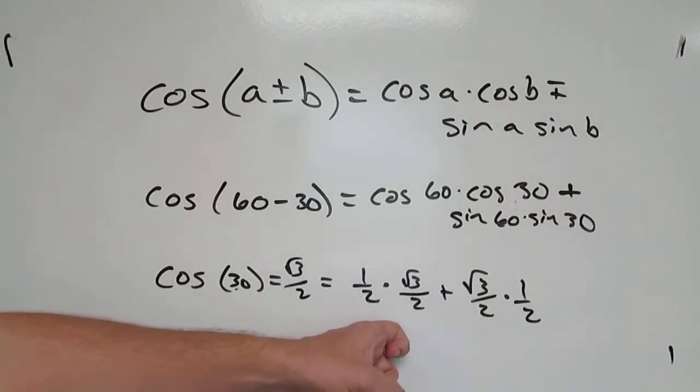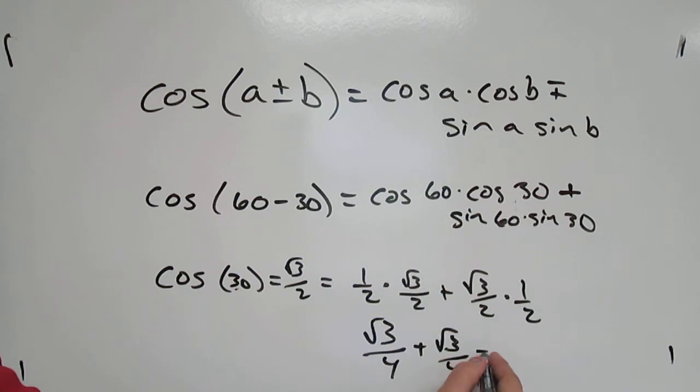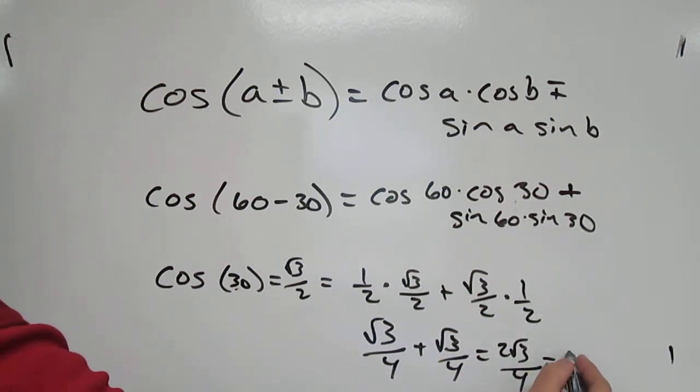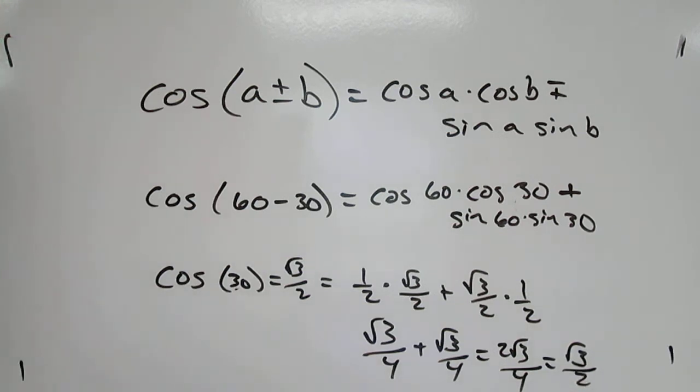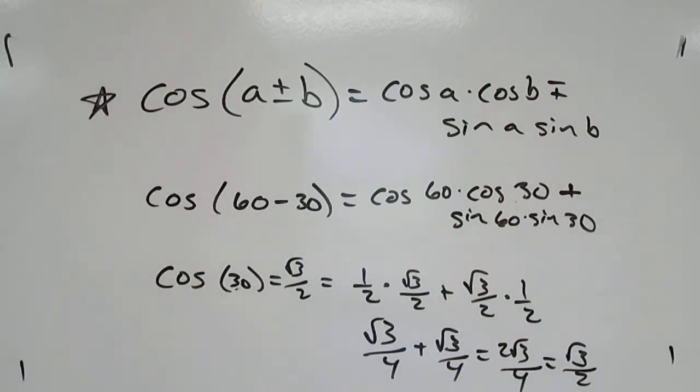And when I do the math here, I'd get the square root of 3 over 4 plus the square root of 3 over 4, which is 2 root 3 over 4, which reduces to square root of 3 over 2. So this is something you need to know. That's the sum difference identity for cosine.